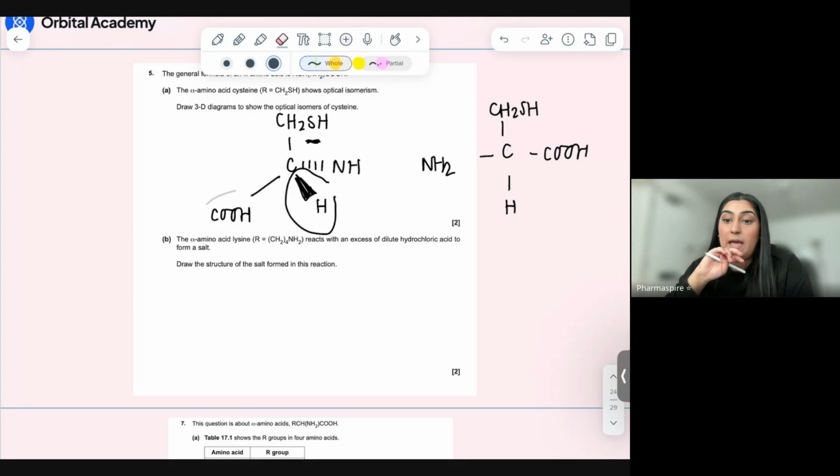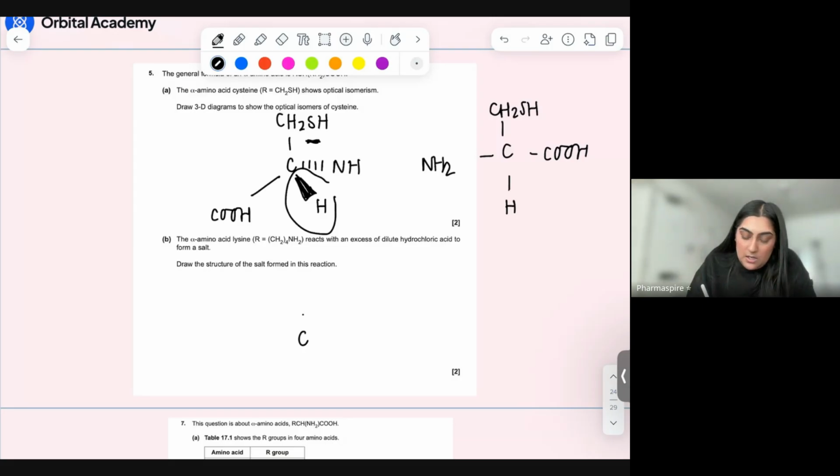Yeah, with the NH2, perfect, because NH2 likes to go with chlorines generally. We never really like to see it with R groups. Also, it says it's reacted in excess dilute acid. So what's going to happen to our NH2? It's going to become positive and what? NH3 plus, there you go. So that's what you need to draw.